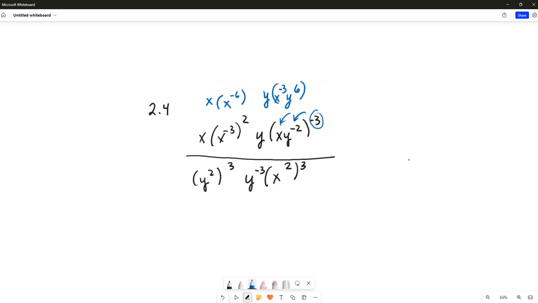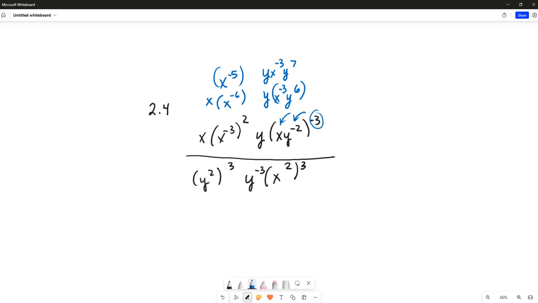And then we'll multiply that. So this is going to be x to the negative 5th times, and then y, x to the negative 3rd, and y to the negative 7th.